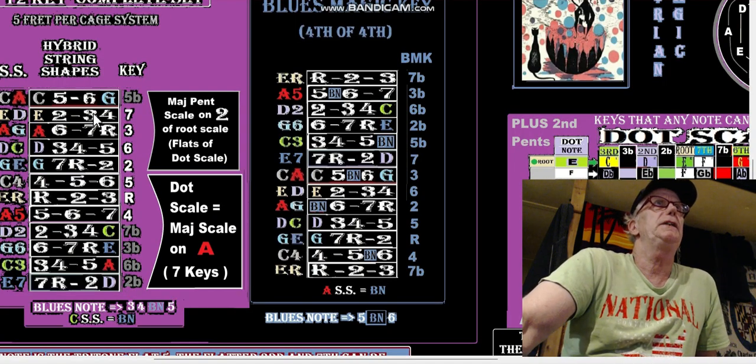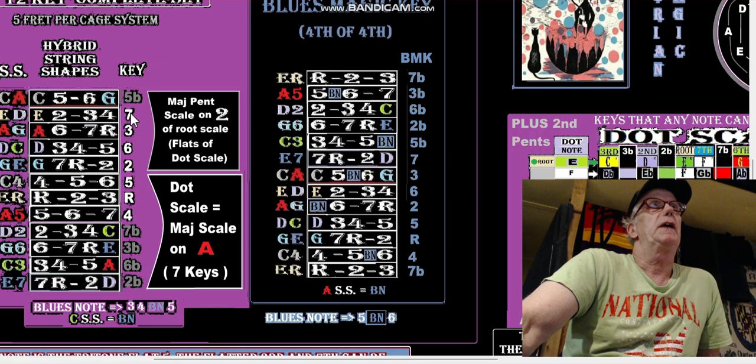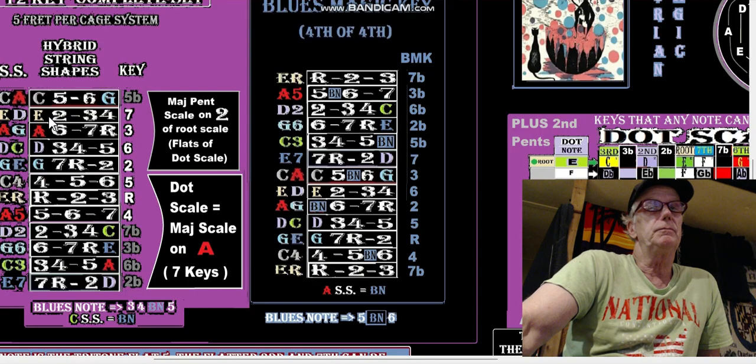So where you play E, 2, 3, 4 as the bottom string shape of that cage, in the key of the 7th, the E would be whatever note you want to play it in. Usually E, right? So what would root be in that case? You'd have to count it up, but it would be the 7th.